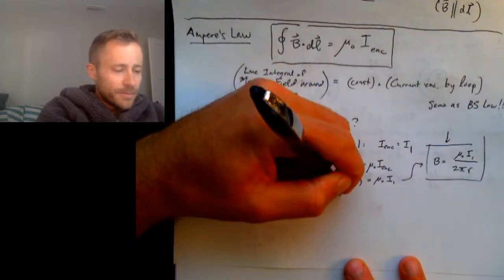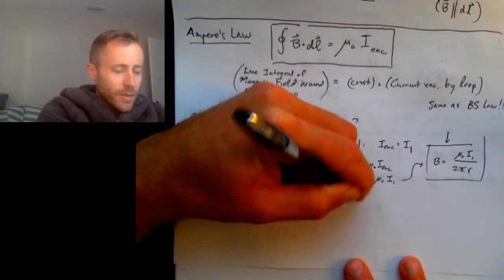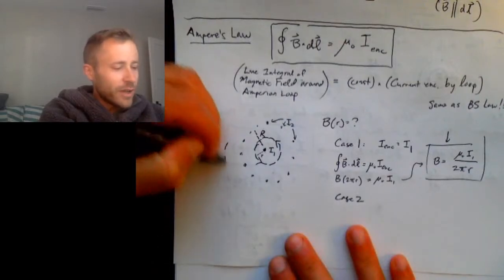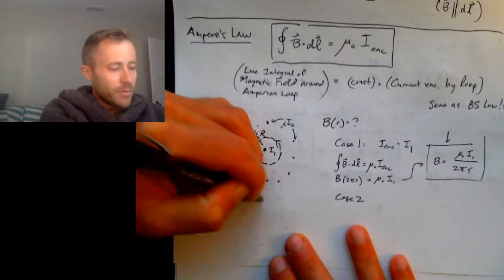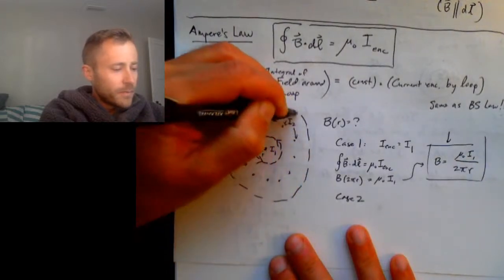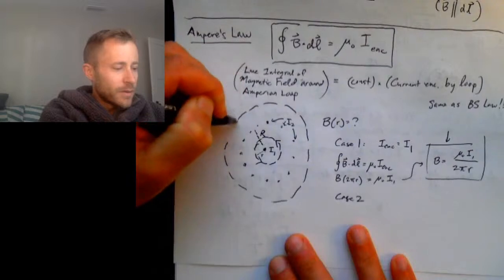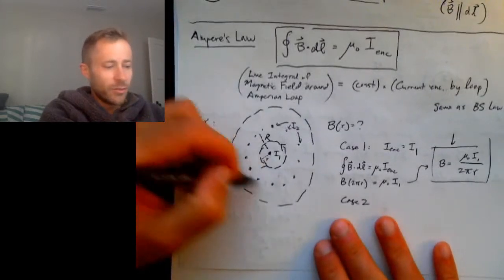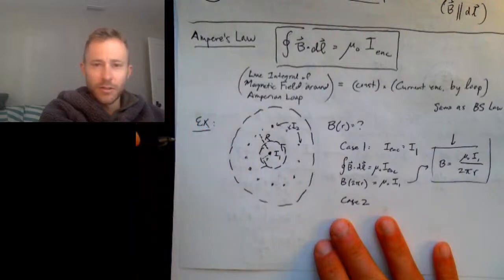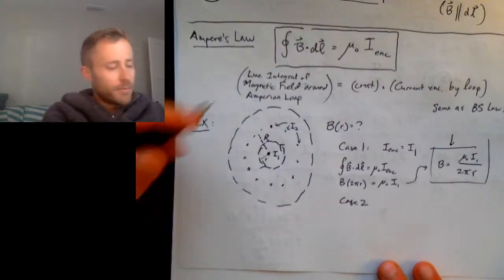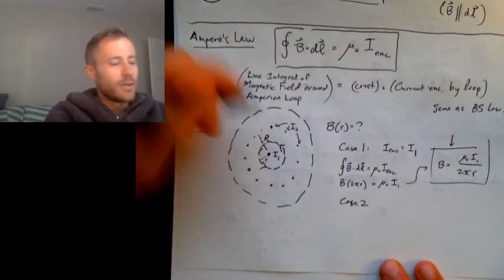Case 2 would be a case where the Amperian loop is outside of both the central current and the ring of current around it, which is going out of the page.